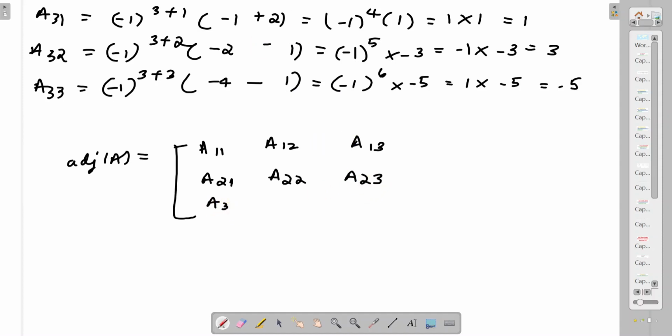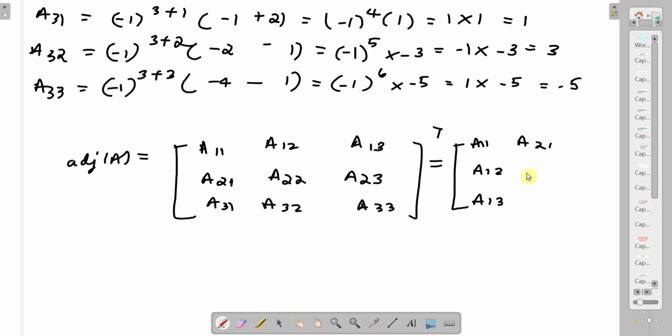So transpose of this, that is nothing but A11, A12, A13, then A21, A22, A23, A31, A32, A33.